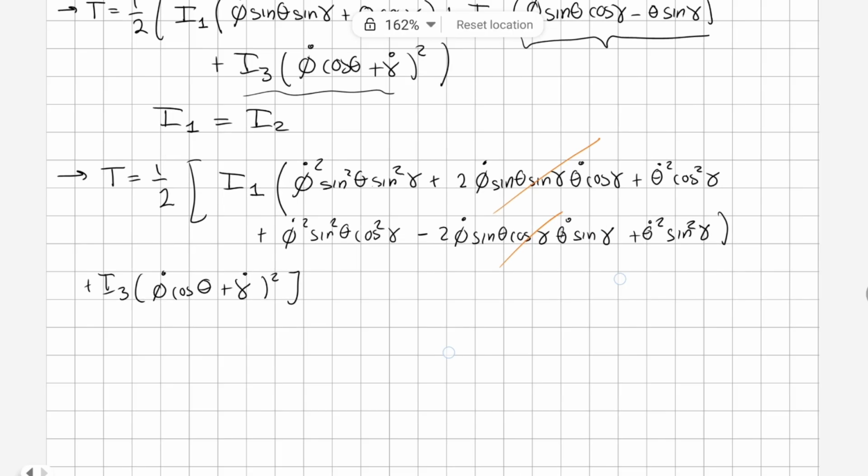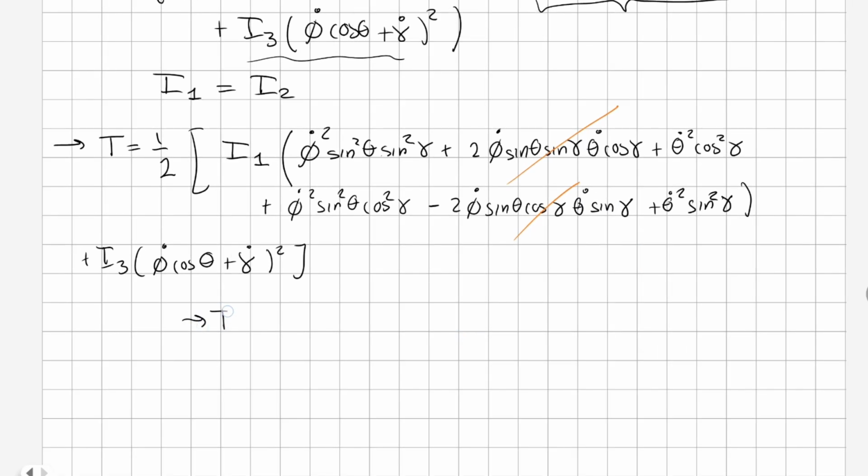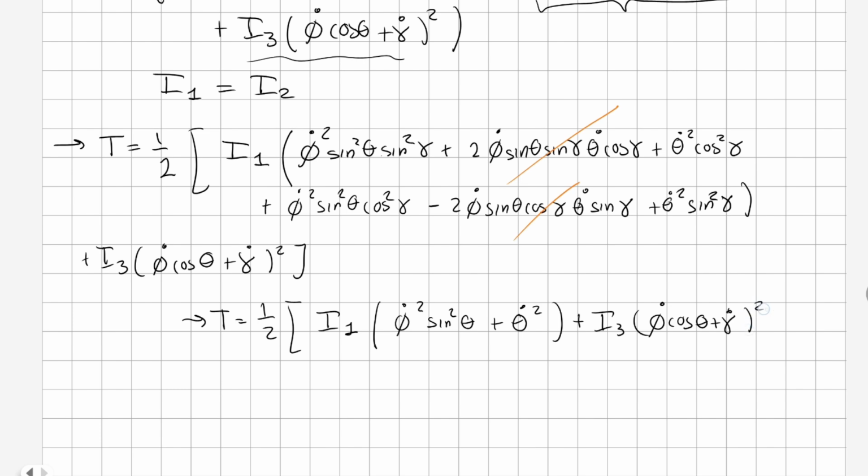So the kinetic energy is equal to 1/2 I1 times (phi dot squared sine squared theta plus theta dot squared) plus I3 times (phi dot cosine theta plus gamma dot) squared, like this.